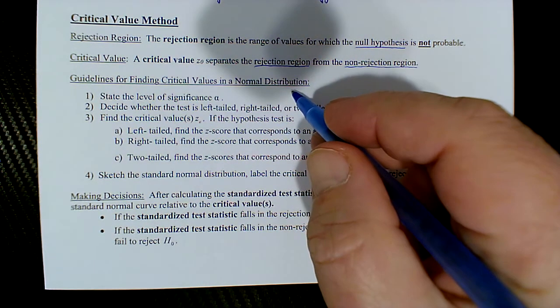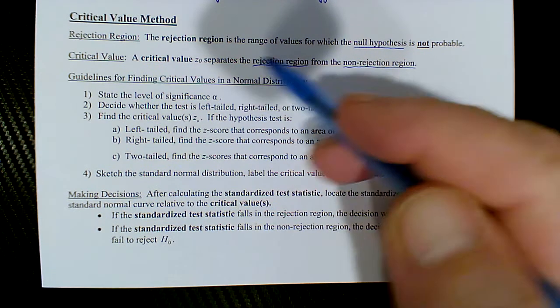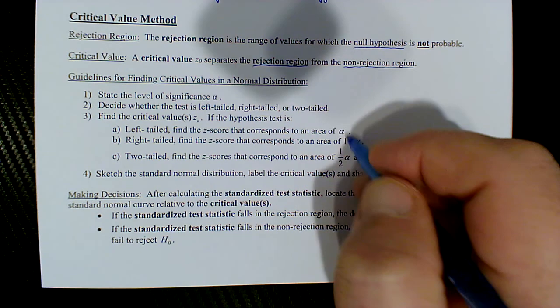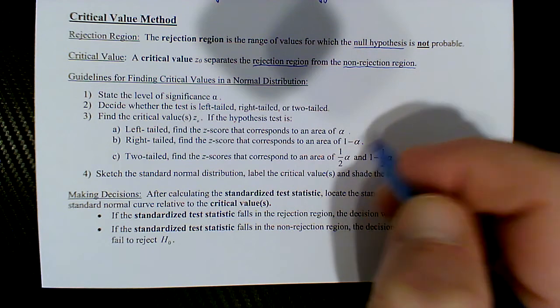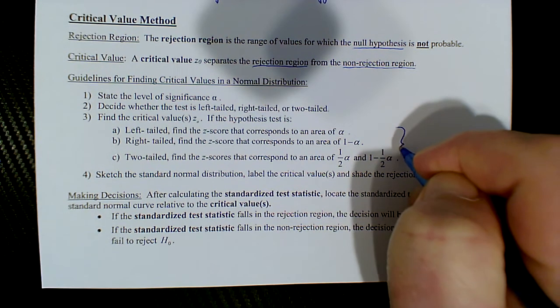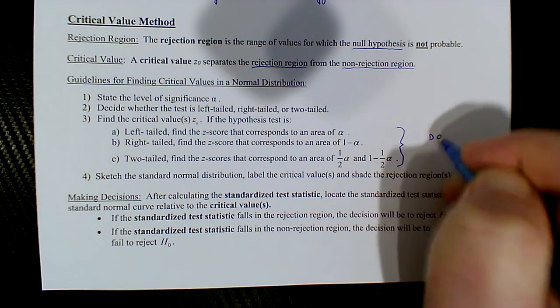And here are the guidelines for finding the critical value. We need the level of confidence, and we need to know what type of test it is, left tail, right tail, or two tail. And a little summary of how you can go about finding the critical value, which we'll call Z sub C. This we can almost do intuitively. You really don't need formulas for it.